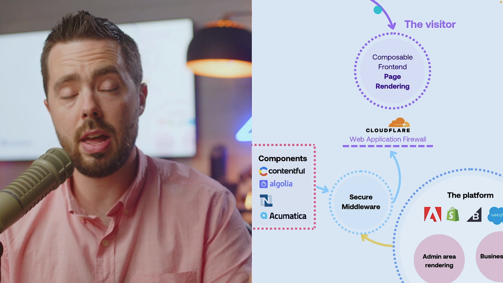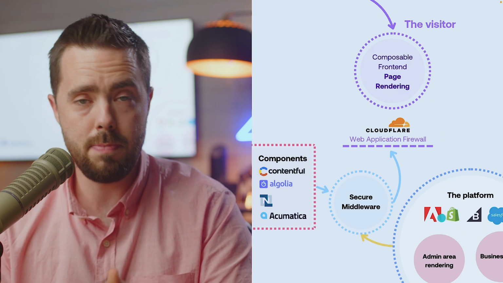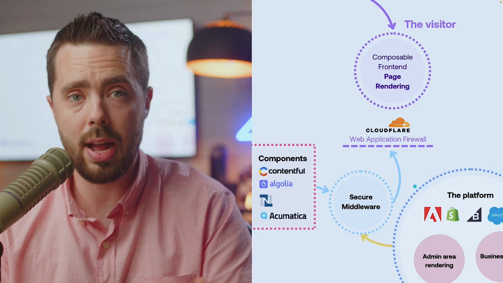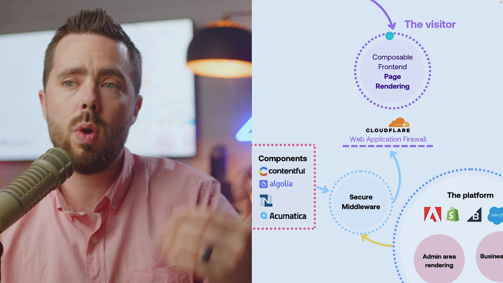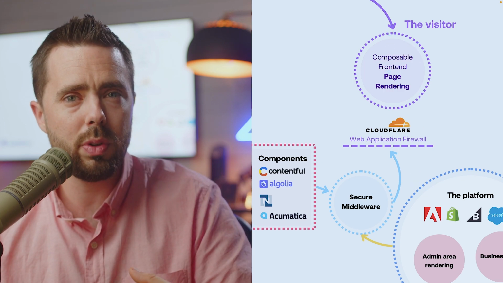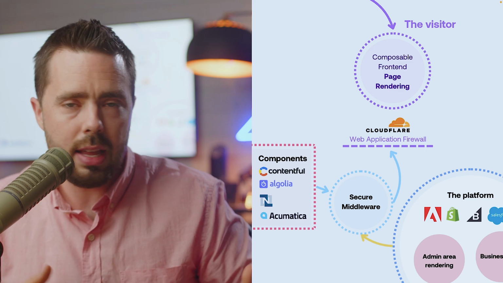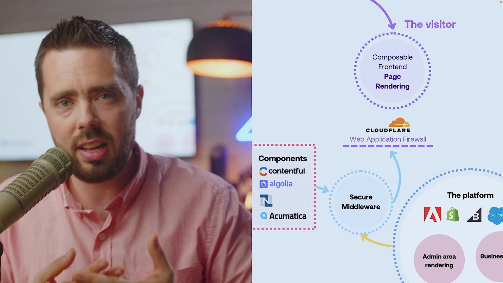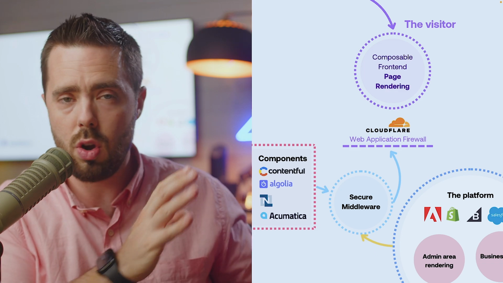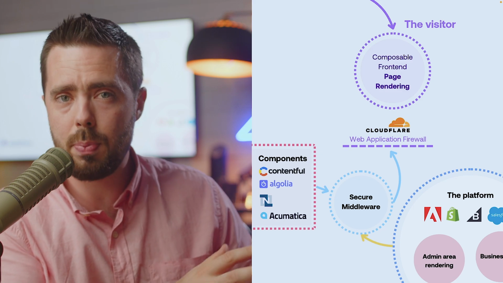Instead of the visitor being served this website by the platform when they go to your website, they are instead served a website by what's called the composable front end. It's basically like a theme, but a theme that lives in its own environment. It's not directly connected to the platform at all. It's its own separate environment, its own website, kind of a separate entity.